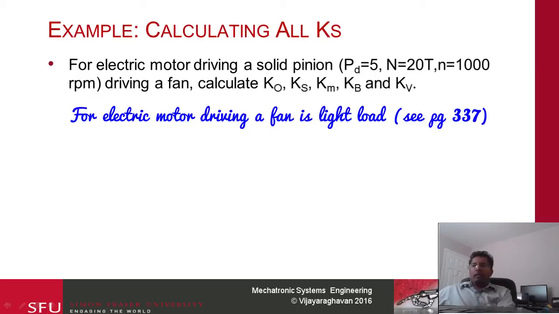What that means is we can use our table and calculate that KO is 1.25 and KS is 1.0. The rest of it you can refer to the table and figure out how the values come up, and we'll do it in more detail when you're actually doing the calculation. This is fairly straightforward, so you can go one table after the other and look up these values.